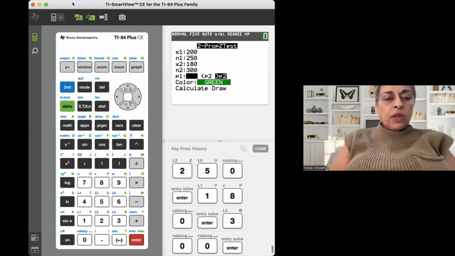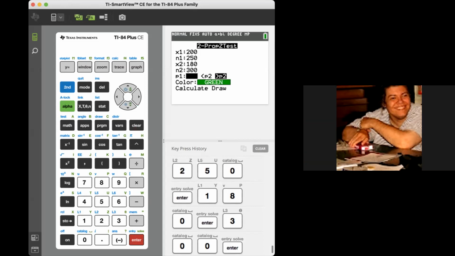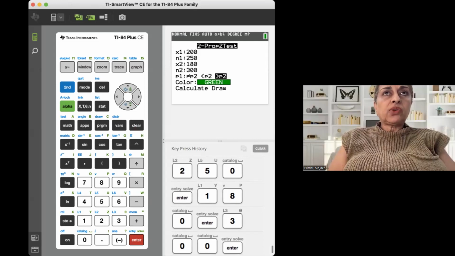First of all, before I continue with my calculator, my claim was P1 not equal to P2, correct? That goes to H1. So my claim is H1. I have a two-tail test. My null is P1 equal to P2. So that's your H1 sign.